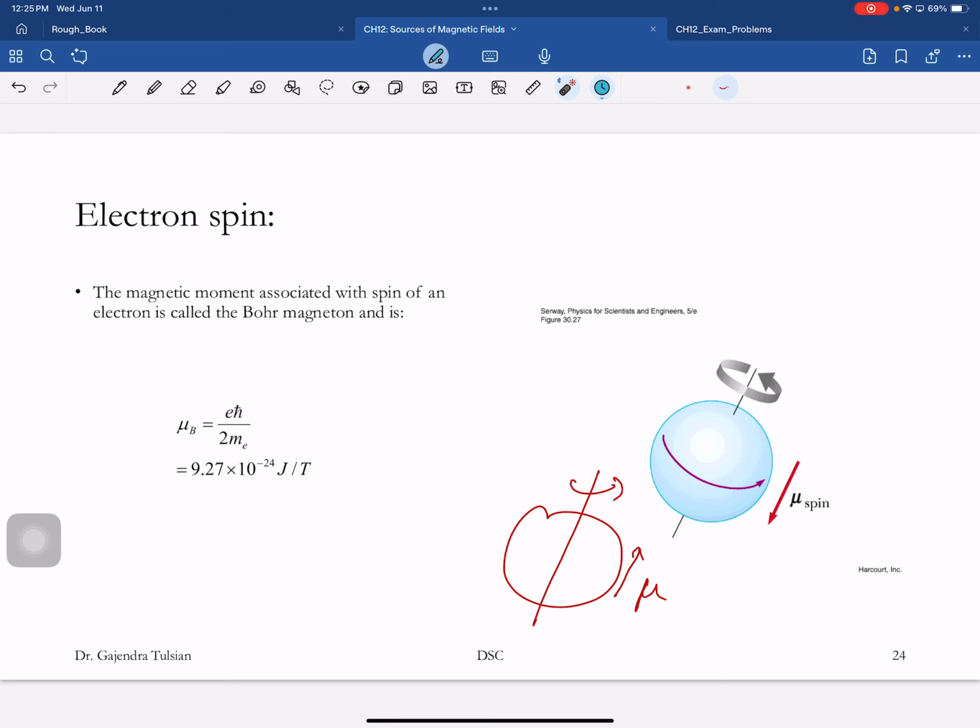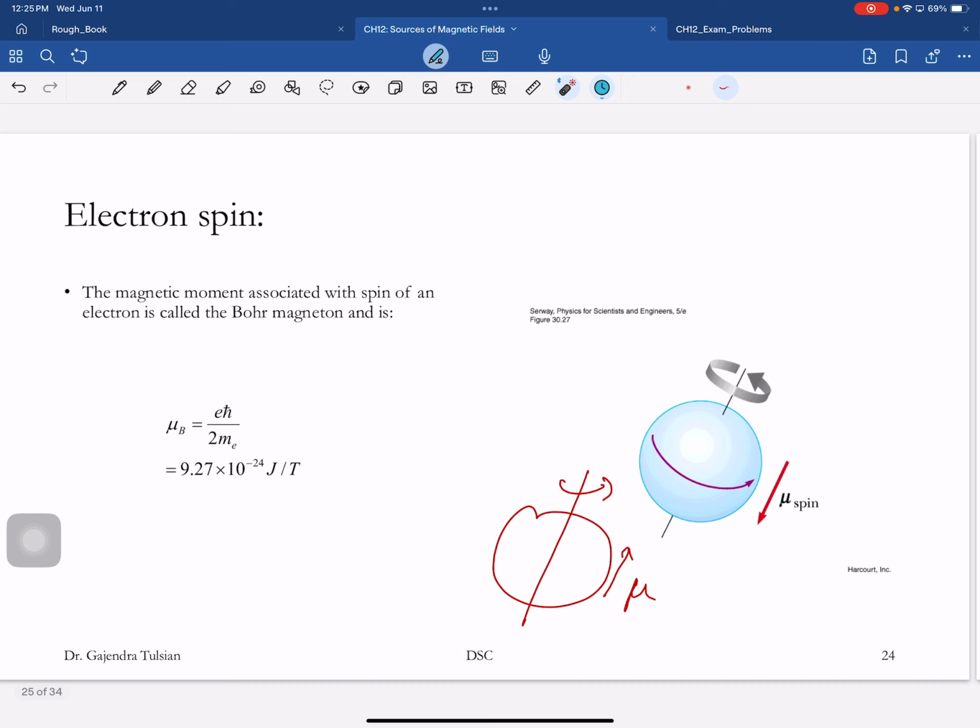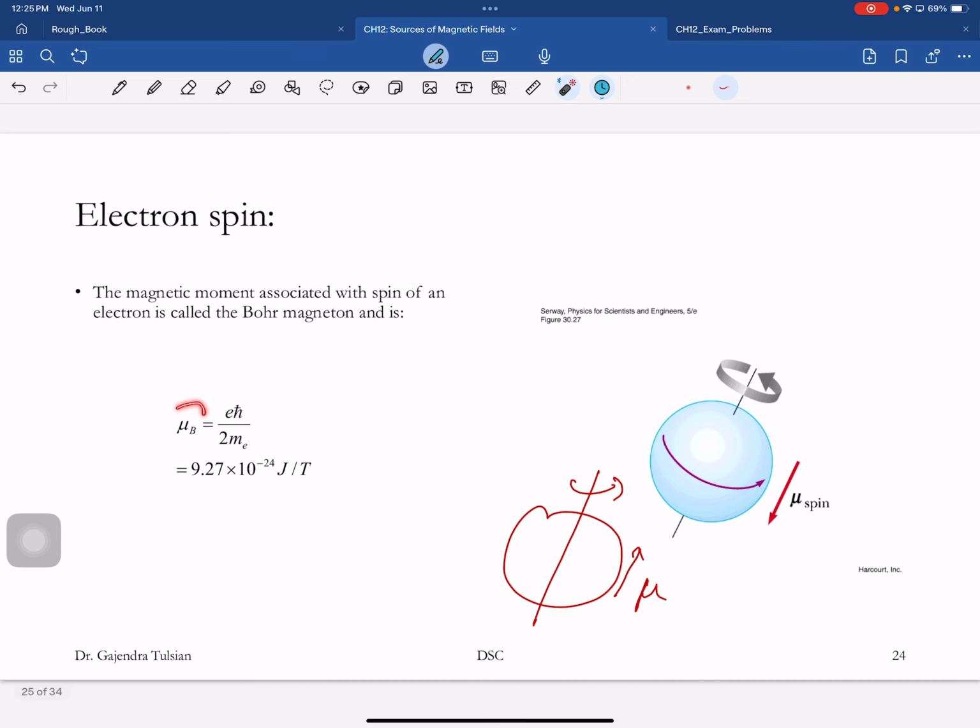But in NMR, this is the magnet you target, not the electron's moment. And the strength of the magnetic moment of the electron spin is given by that.